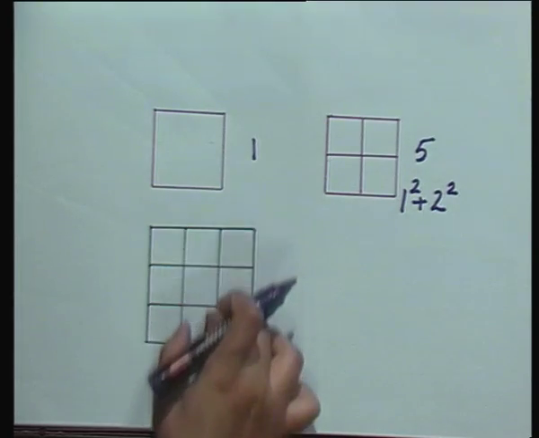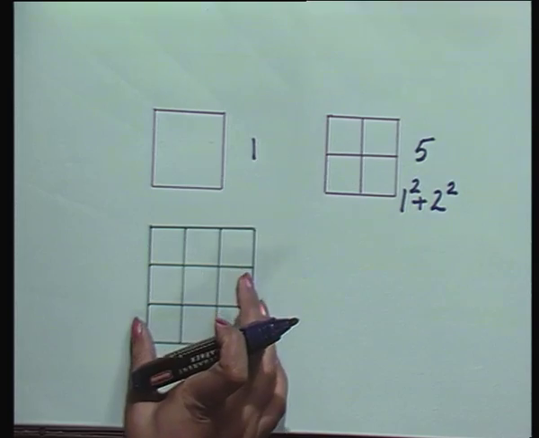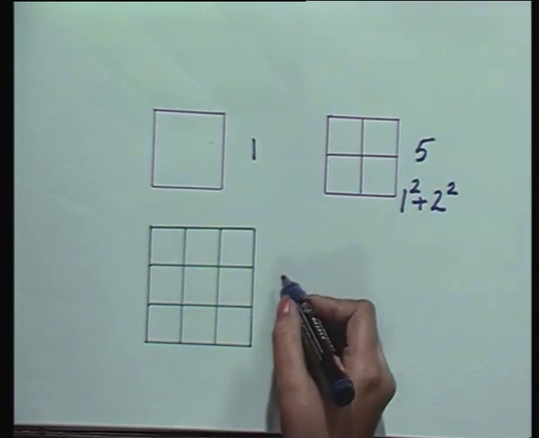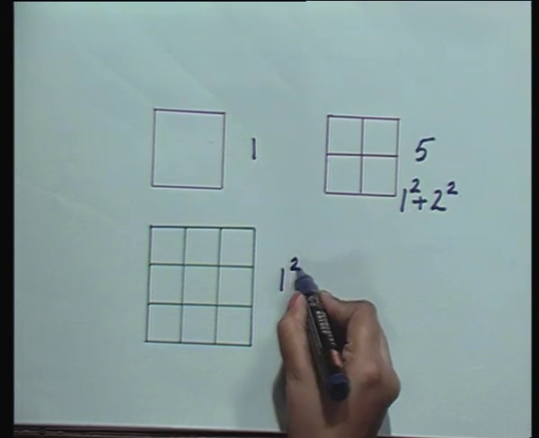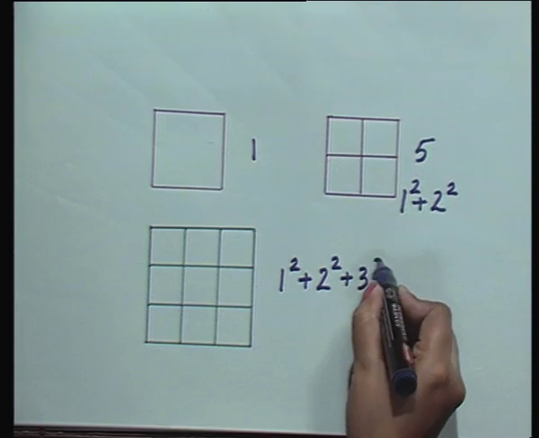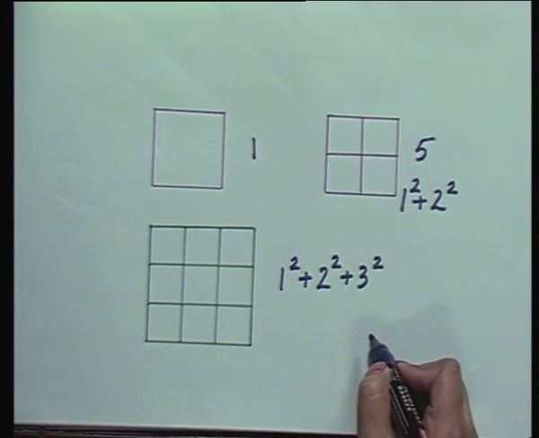In the third figure, as you can see, these two vertical lines divide this square into 3 equal parts. Therefore, I should be able to see whether the total number of squares is going to be 1 square plus 2 square plus 3 square.